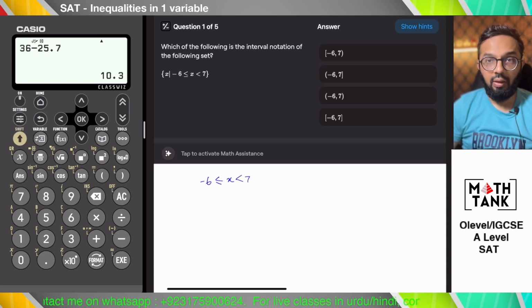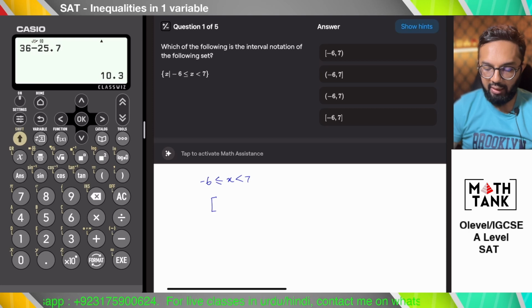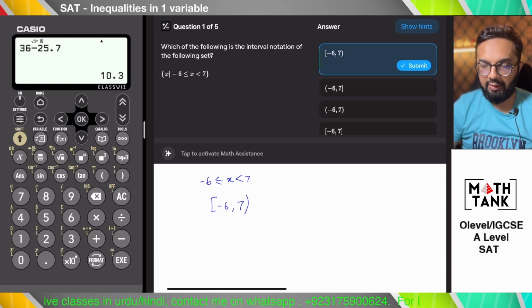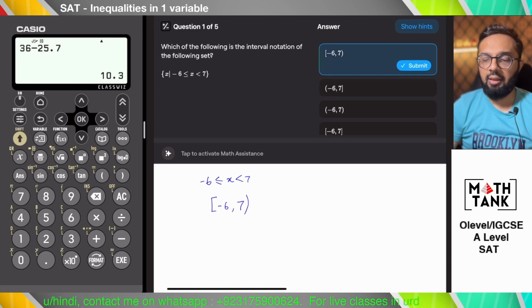So what is the interval notation? I need a square bracket because minus 6 is included and 7 is not included, so 7 has a round bracket. Okay, that's what I would mark. I'm looking for that answer. That is how you write it in intervals when you're involving brackets. Otherwise, you can write inequality signs and write the same thing.